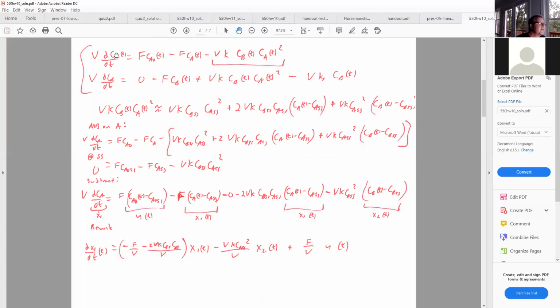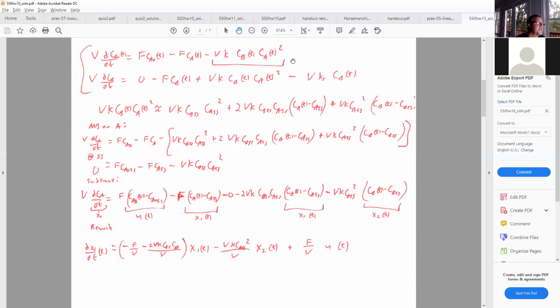This is the mass balance on A, and this is the mass balance on B. They look pretty linear except for this reaction rate term, because you have something squared and you have two variables of time multiplied by each other. Everything else is a constant or a function of time.